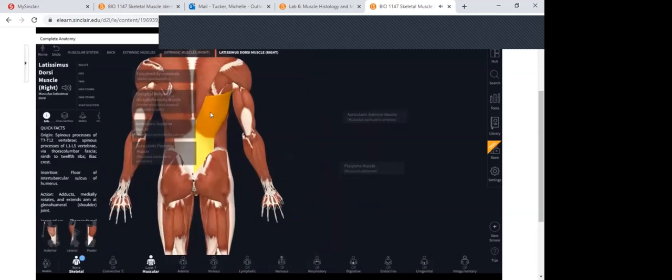The latissimus dorsi is this very large flap of muscle, and when it contracts, it will both extend and adduct the arm.